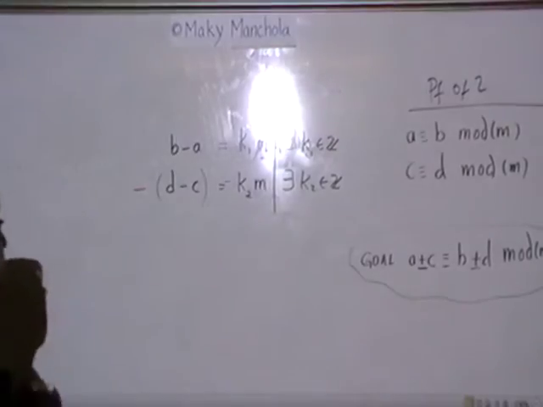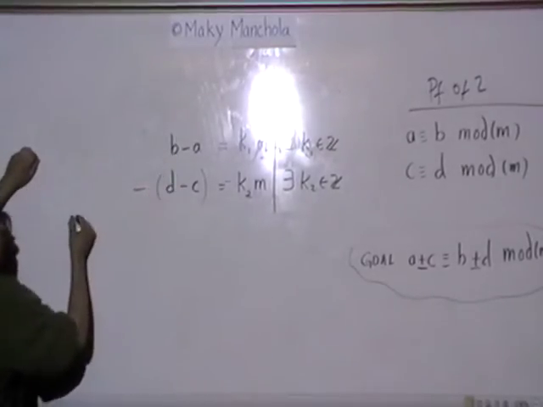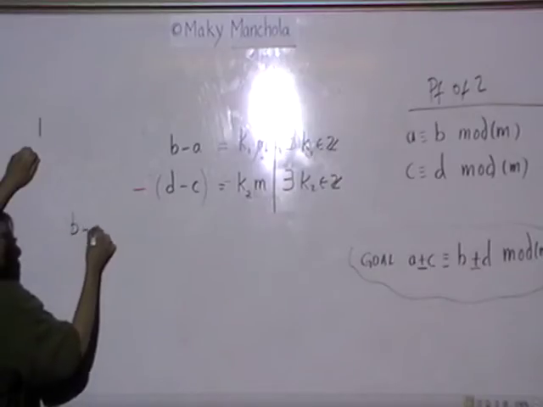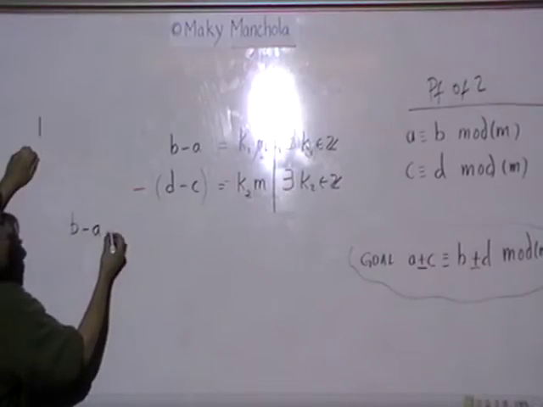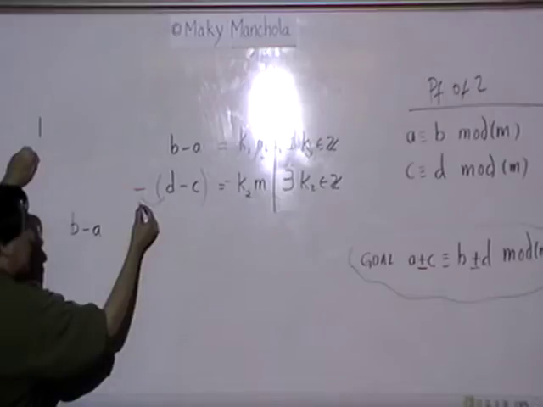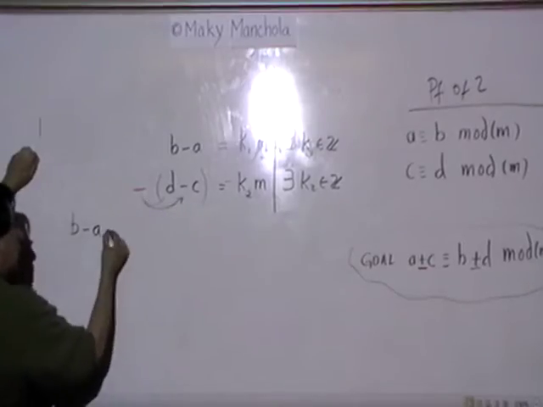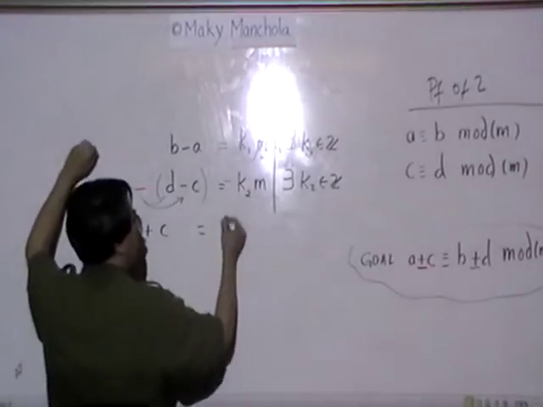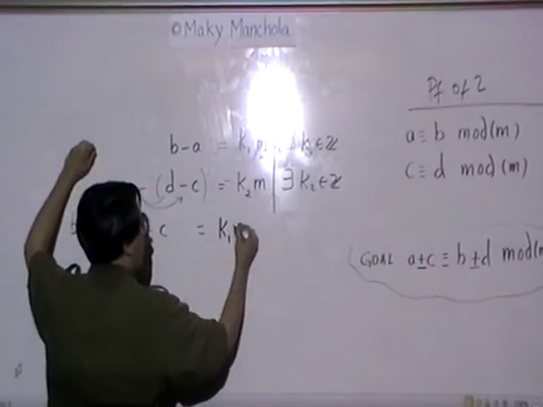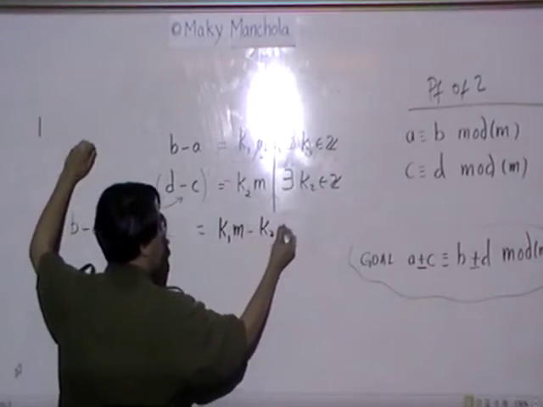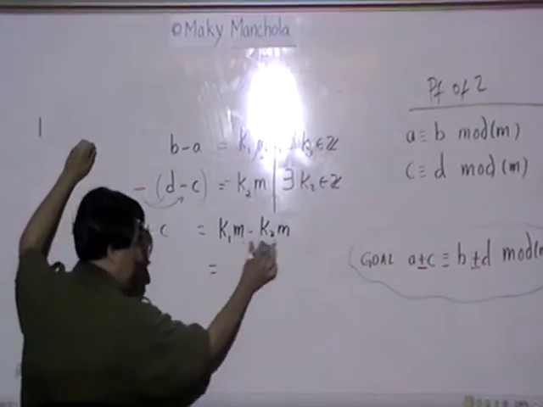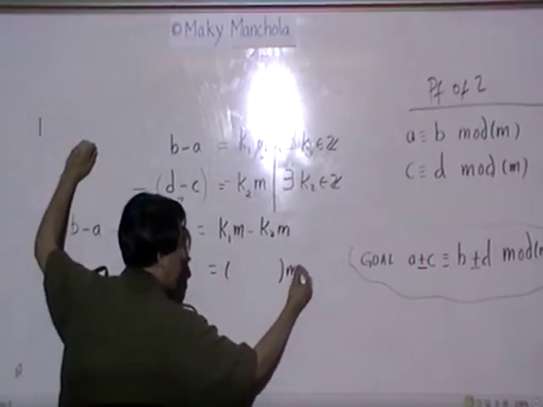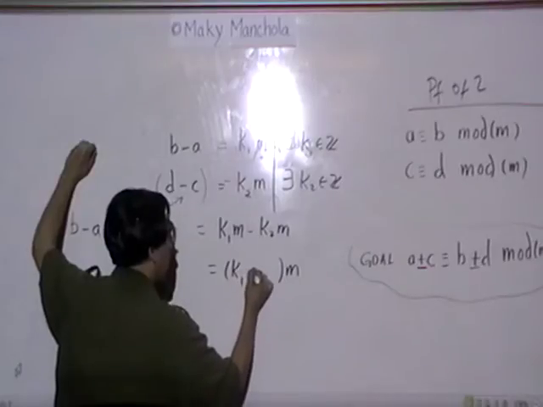So what do we get? On the left hand side we have B minus A minus D plus C equals K1M minus K2M. Notice that on the right hand side we can factor out the M as we did before.